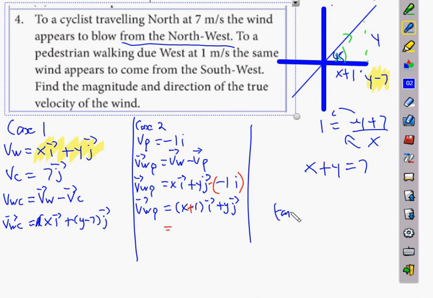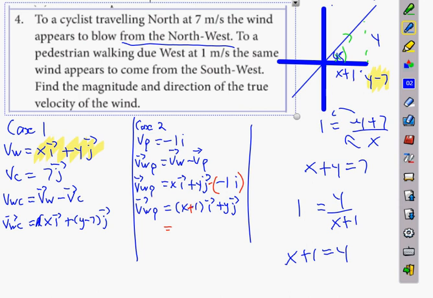So tan 45 equals x plus 1, or sorry, y over x plus 1. And then we all know that tan 45 equals 1. And we're going to get x plus 1 equals y. And now we're going to get x minus y equals minus 1.